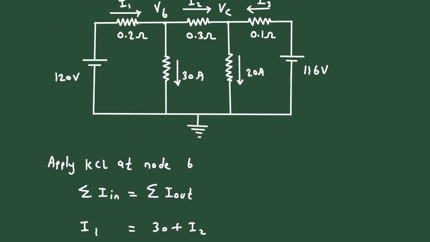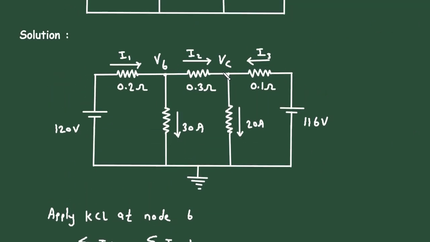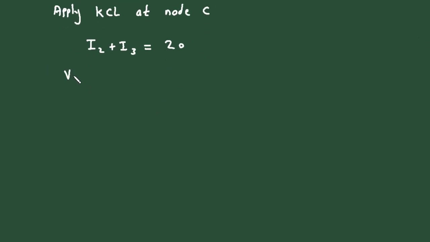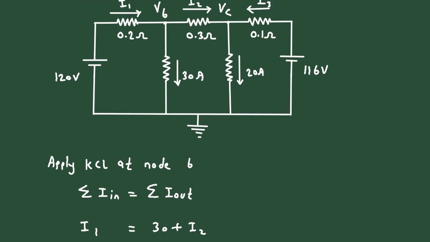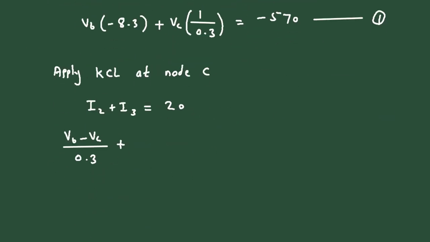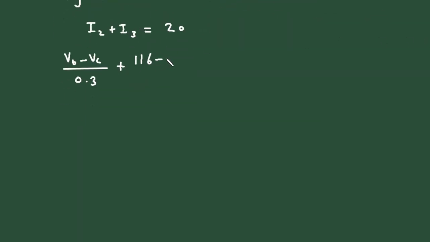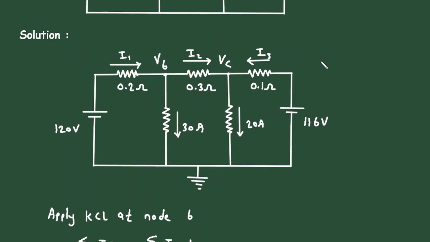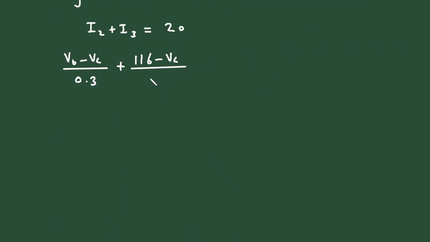Now I2 in voltage form will be VB minus VC divided by 0.3, then plus I3. So I3 will be 116 minus VC divided by the value of resistance 0.1 ohm, is equal to 20.